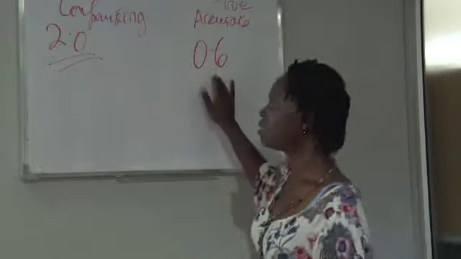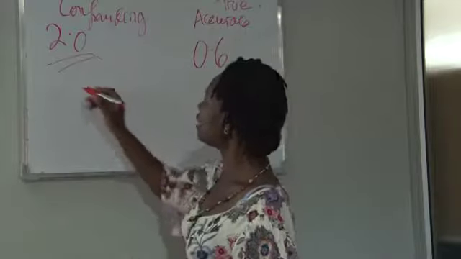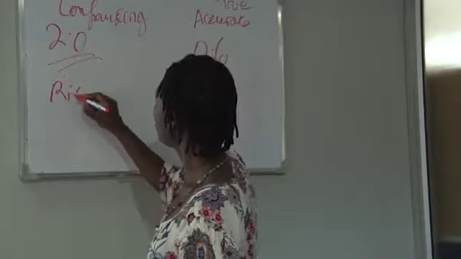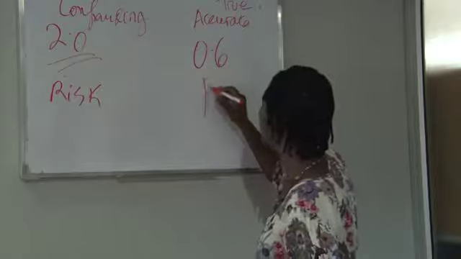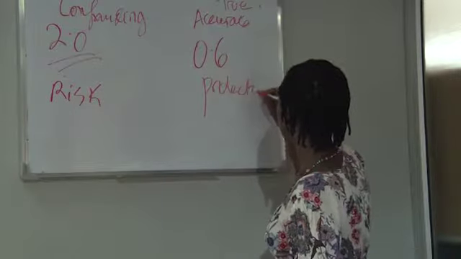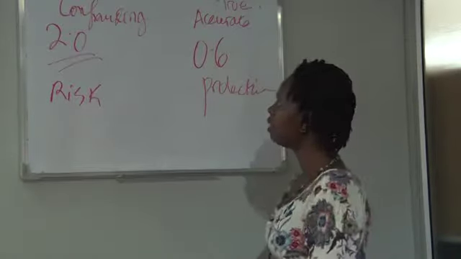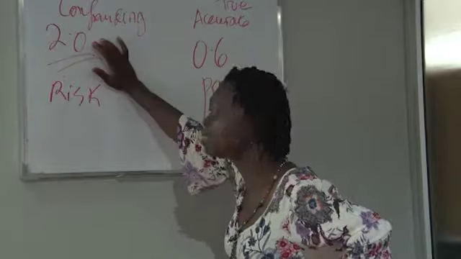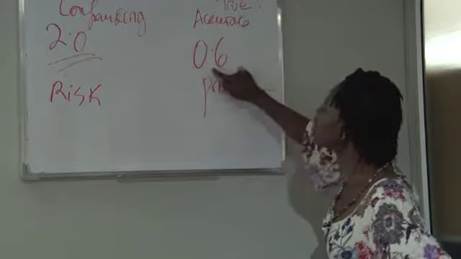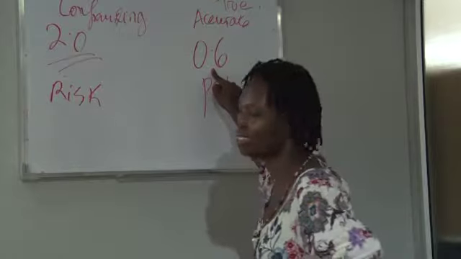What this 0.6 now means is that instead of this being a risk, it has now changed to protection. Instead of saying that the risk of malaria doubles, we are actually saying the risk of malaria decreases.